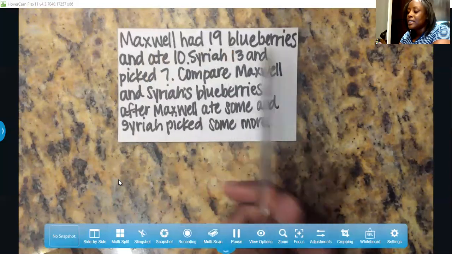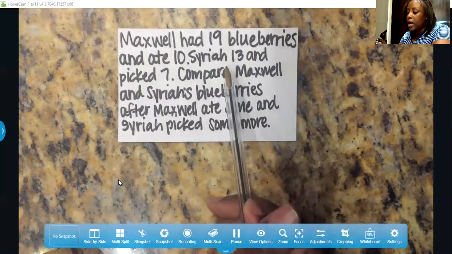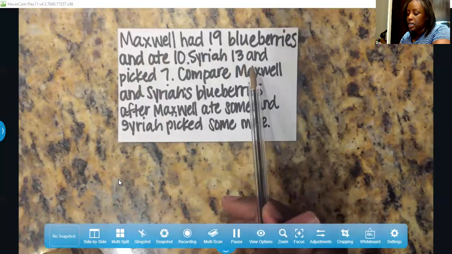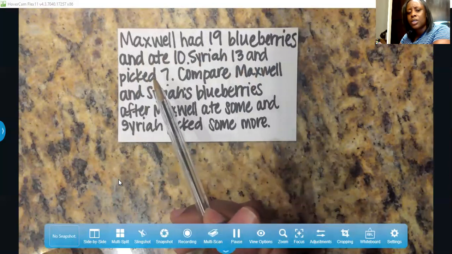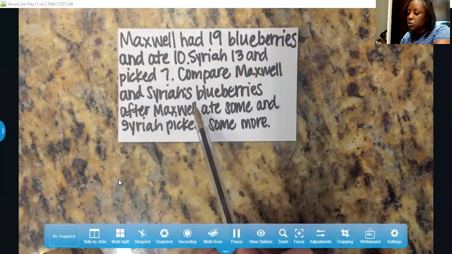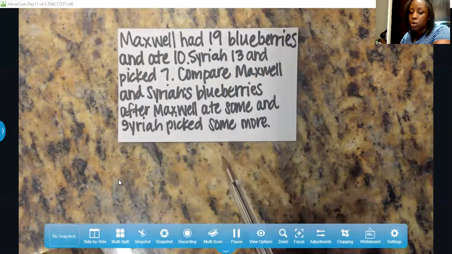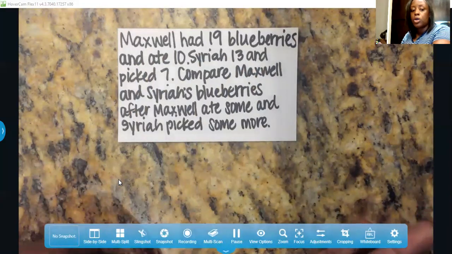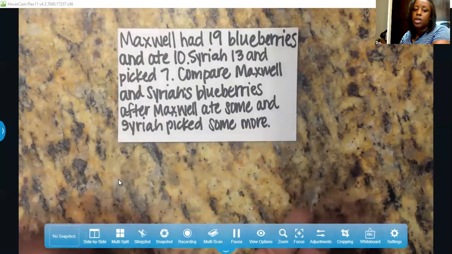Maxwell had 19 blueberries and ate 10. Soraya had 13 and picked 7. I know someone named Soraya too. I want you to compare Maxwell and Soraya's blueberries after Maxwell ate some and Soraya picked some more. So I want you to tell me who has more and who has less. That is all you have to do.